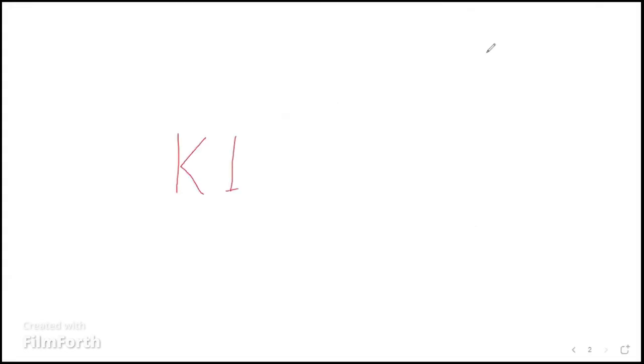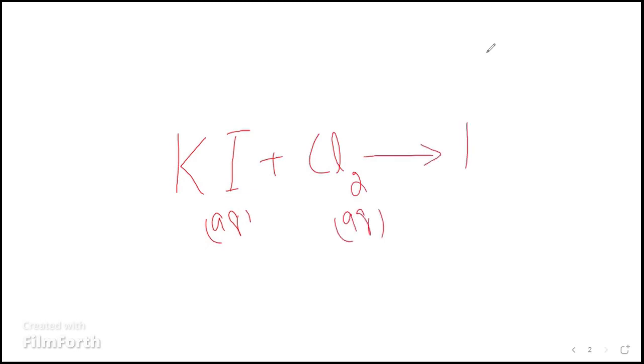I think I am writing this equation the third time. KI is a colorless solution. When you add aqueous chlorine solution to it, it forms KCl aqueous solution along with the formation of iodine solution.